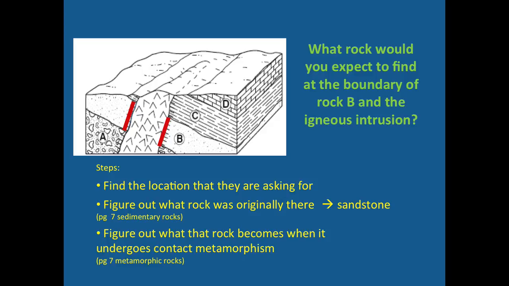Feel free to pause while you look. And you should see that the metamorphism of quartz sandstone is quartzite. So that's our answer. So what rock would you expect to find at the boundary of rock B and the igneous intrusion? The answer is quartzite.